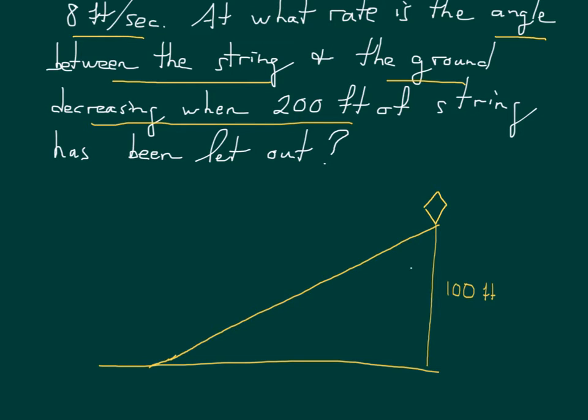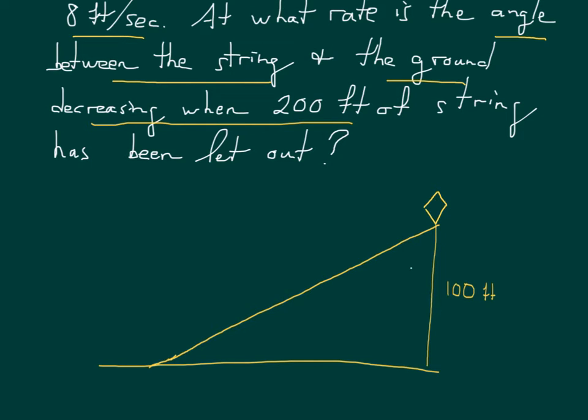All right, so I think I understand the question, and it seems that there are some obvious variables that we need to introduce. In particular, we're interested in the rate at which the angle between the string and the ground is decreasing, so we better introduce a variable for that angle.